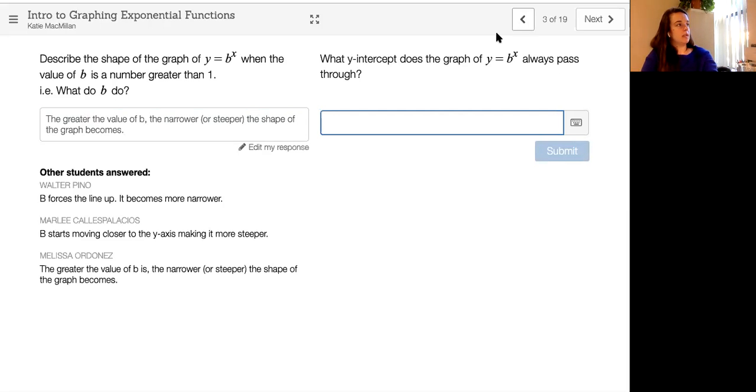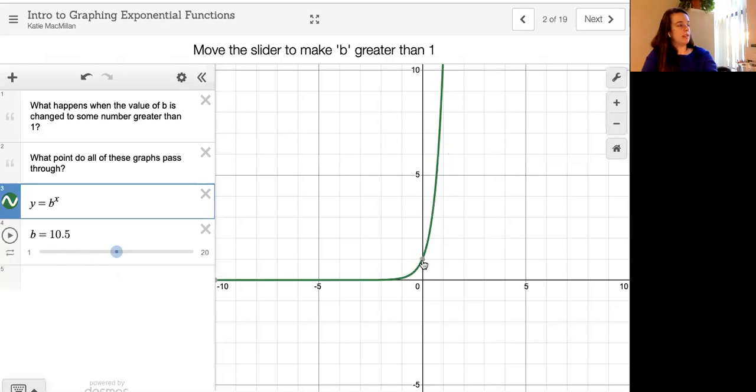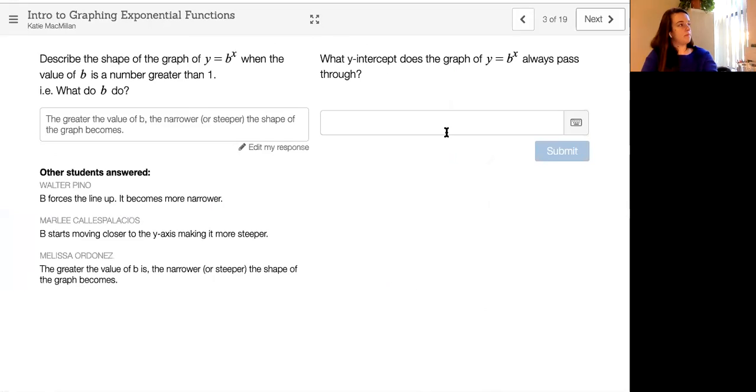And then something to note for the y-intercept, no matter what I do with the graph, my y-intercept does not change. This point here is 0, 1. It is not moving no matter what happens with B, right? If I change some of my other letters, that might change. But when I change B, it is continuing to go through 0, 1.